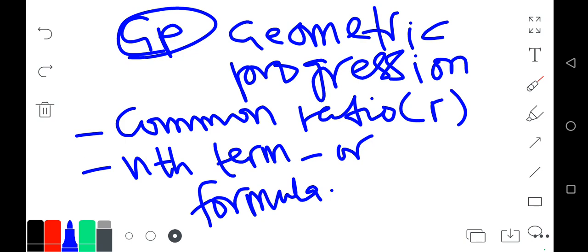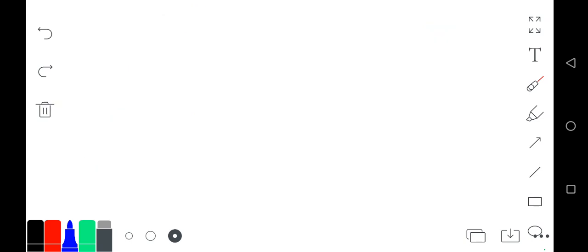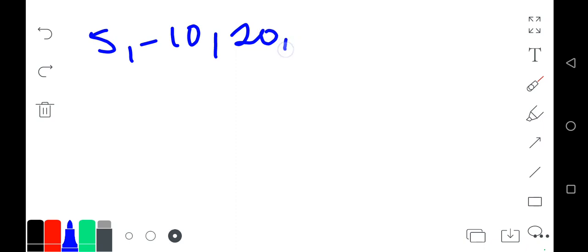So what we mean by that, for instance, if you have numbers like, for example, 5, -10, and 20, you have to determine what kind of a sequence this is. Is this a GP or an AP?